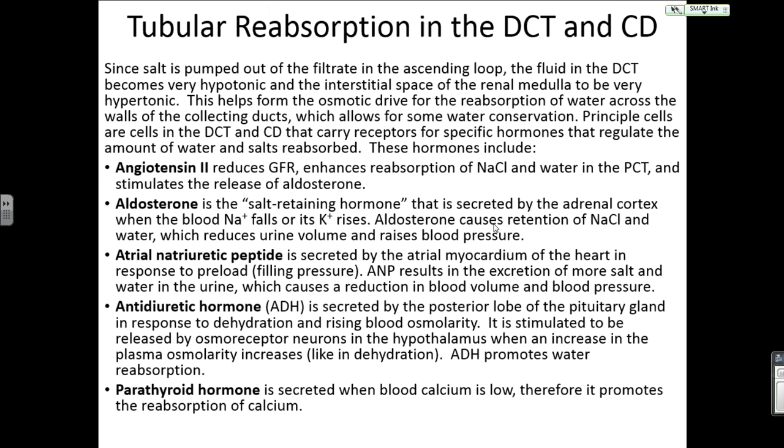Okay, last segment of the nephron is the distal convoluted tubule, and then we can also throw in the collecting duct. So as you can see up there at the top, we have DCT and then CD. Those are short for distal convoluted tubule and collecting duct.